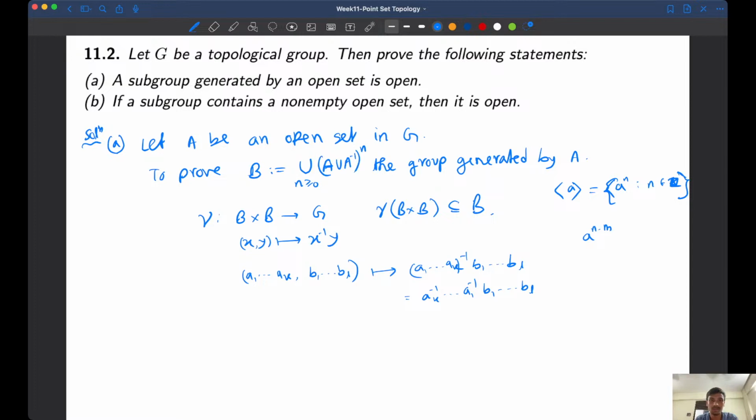Fine, right? So here basically all those things belong to some a1 through ak, all those belong to some A union A inverse.